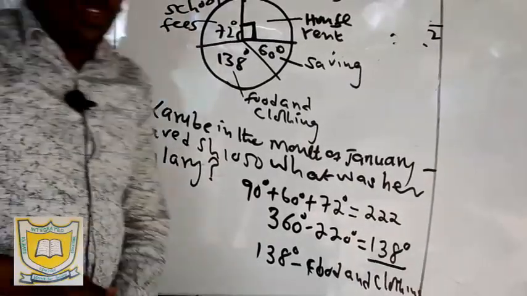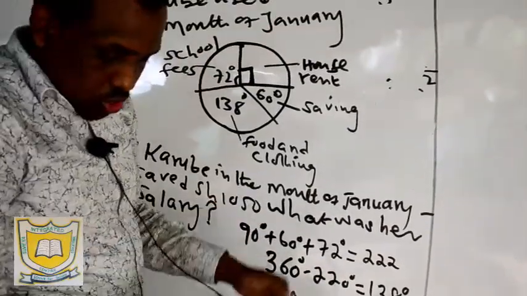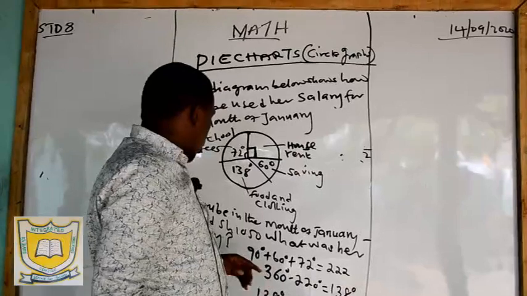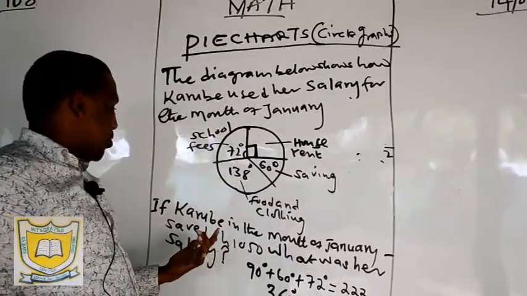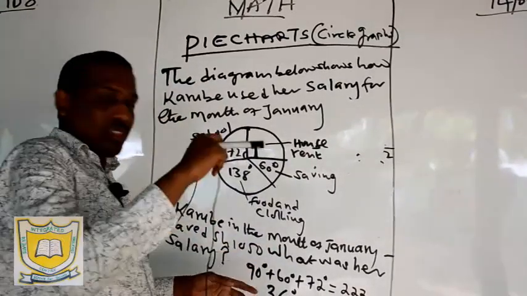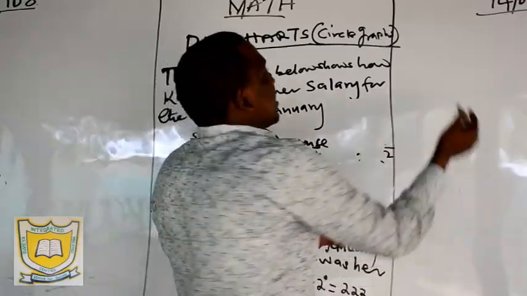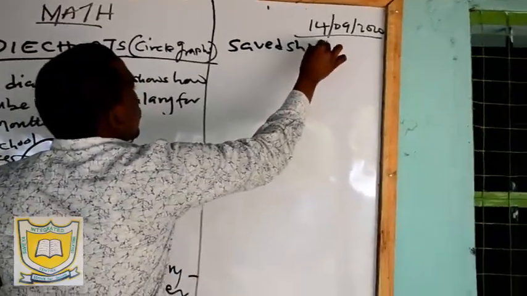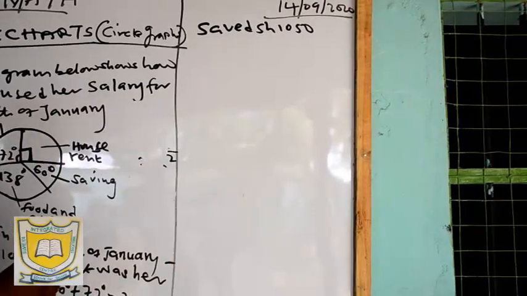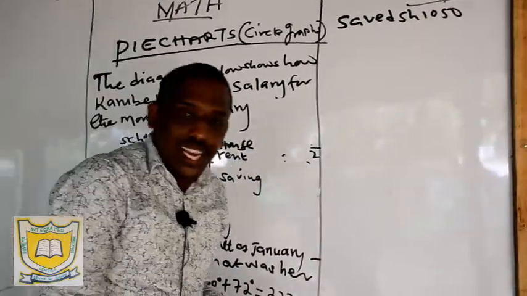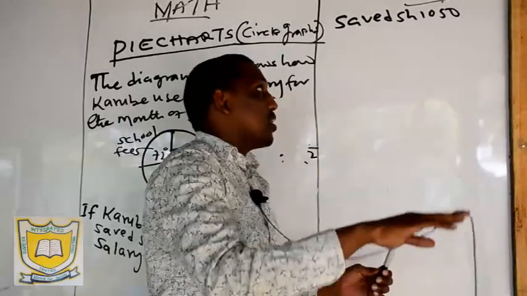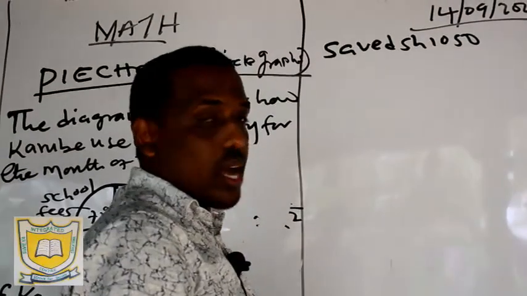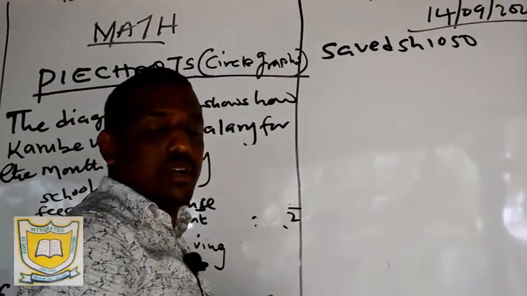Now let us come to the question. You are told in the month of January she saved shillings 1,050. They're asking what was her salary. Her salary is the total amount she earns in the month of January.